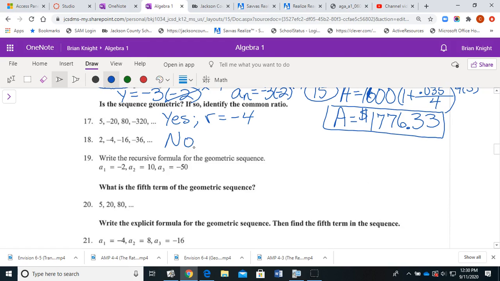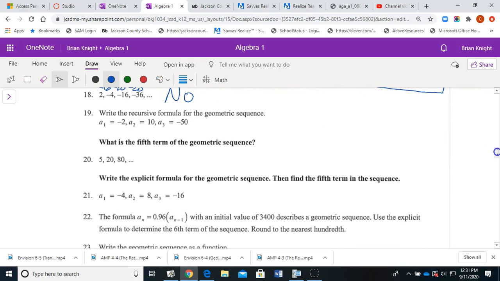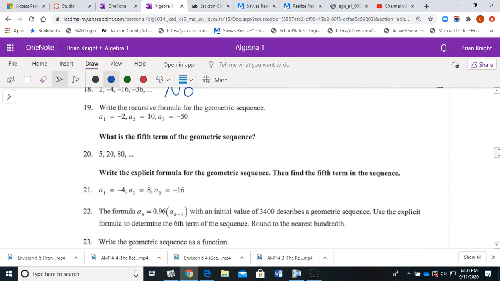Well, there is a pattern. They're subtracting 6, right? And then subtracting 10, and then they subtracted 20, or maybe there isn't a pattern. I don't know what the rule is, but no, it's not geometric, which is all we're worried about right now, okay?